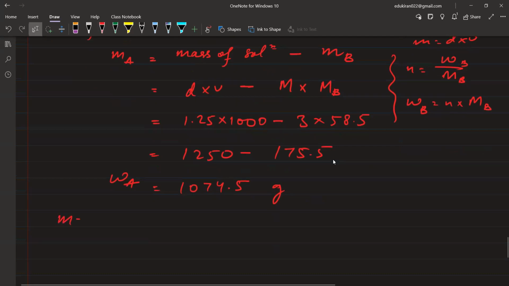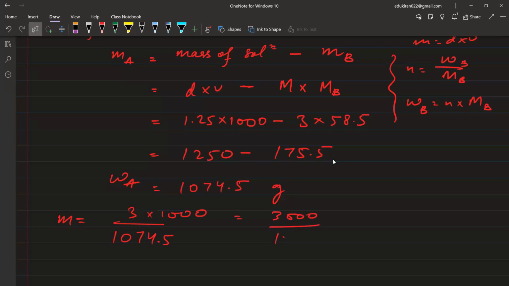Now molality will be equal to the number of moles, that is 3, divided by mass of solvent, which is 1074.5 divided by 1000, because we want this in terms of kg. So this will be equal to 3000 divided by 1074.5 moles per kg.